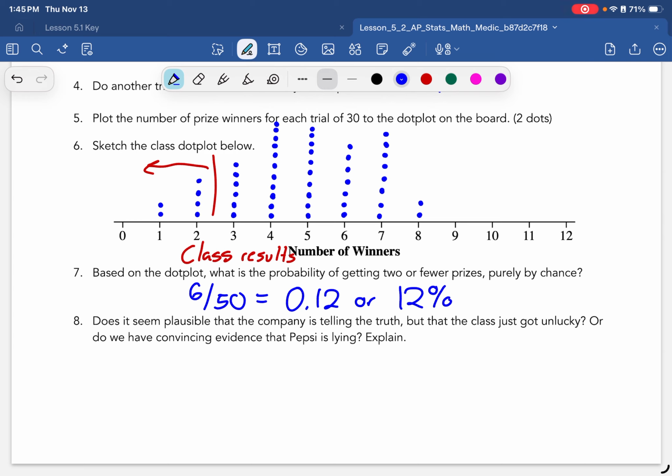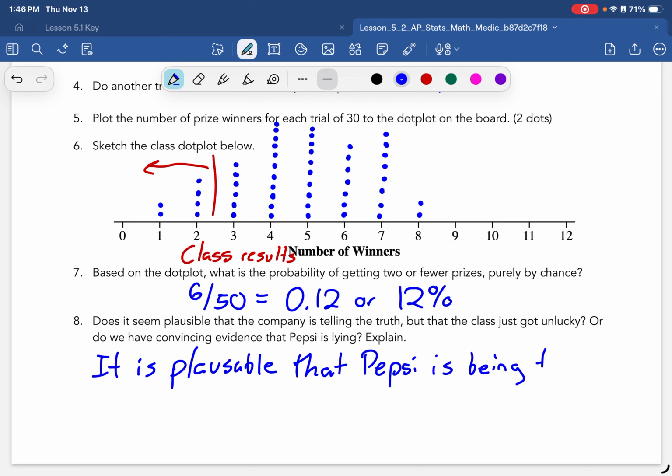So does it seem plausible that Pepsi's telling the truth? Yeah, it seems plausible. It is plausible that Pepsi is telling the truth. But why is it plausible?